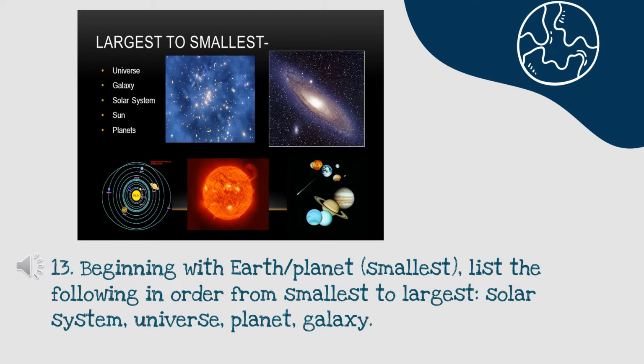Our galaxy happens to be the Milky Way. And you will find lots of galaxies within our universe. So the order would be planet, solar system, galaxy, and then universe, if you are going from the smallest to the largest.